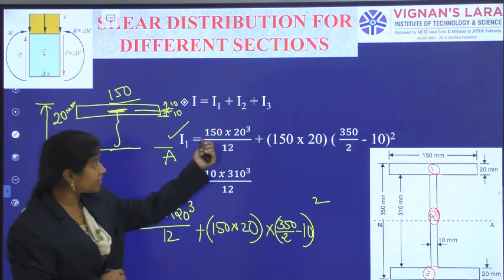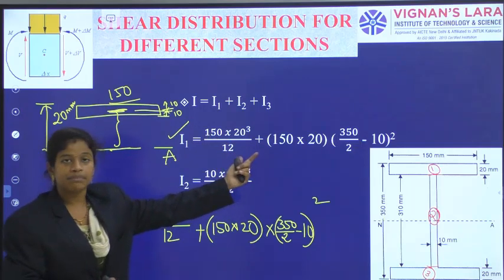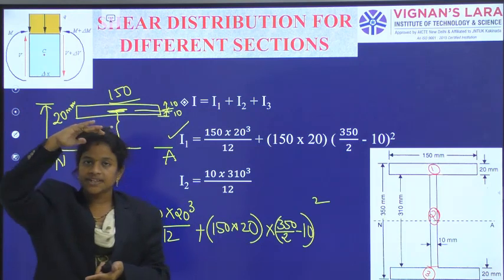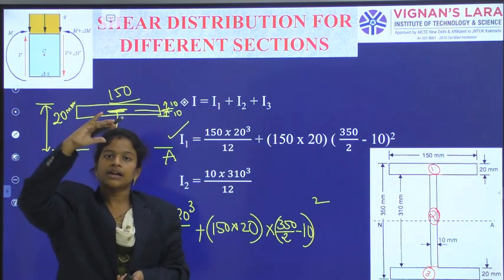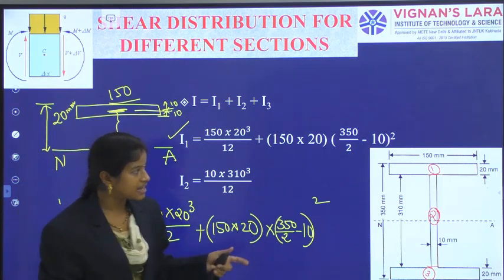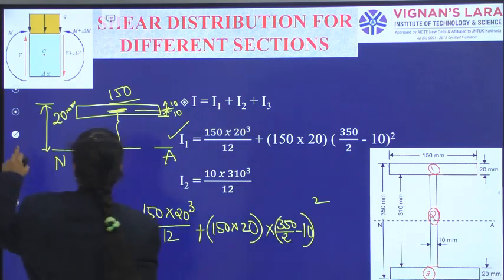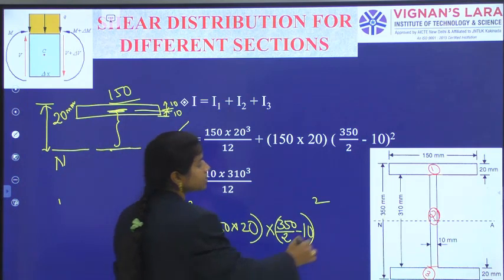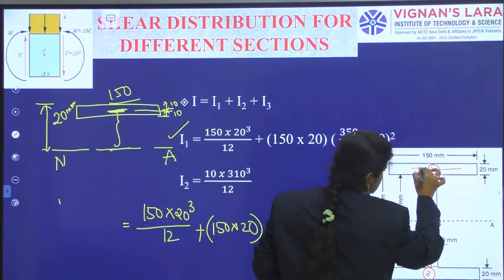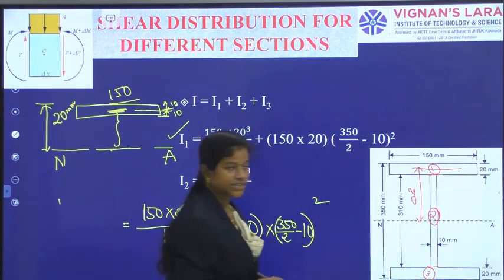As written, BD cube by 12 plus A into y. So half of the distance of 350 is overall, in that 10 is removed. So the remaining 350 by 2 minus 10 is the perpendicular distance of the centroidal axis of the top flange from the neutral axis. This is our y for the top flange.